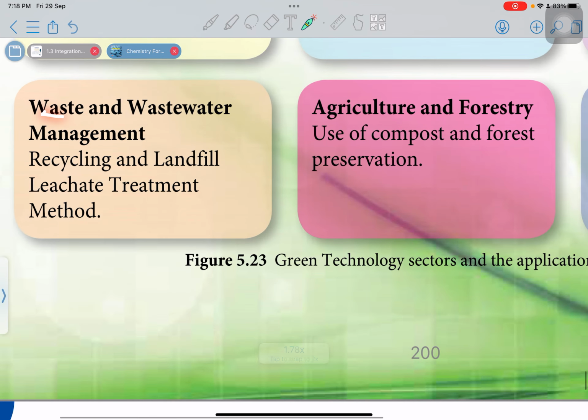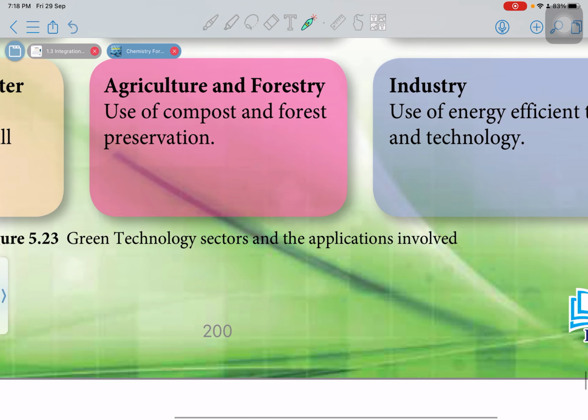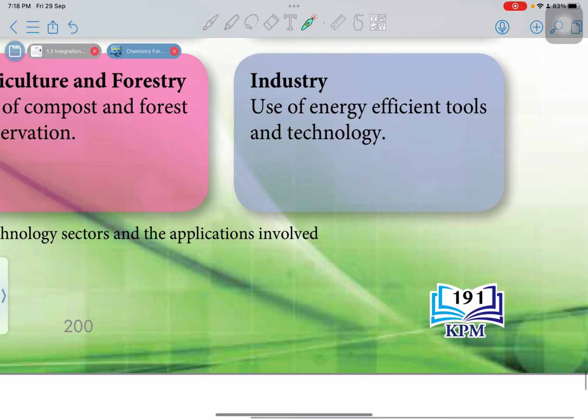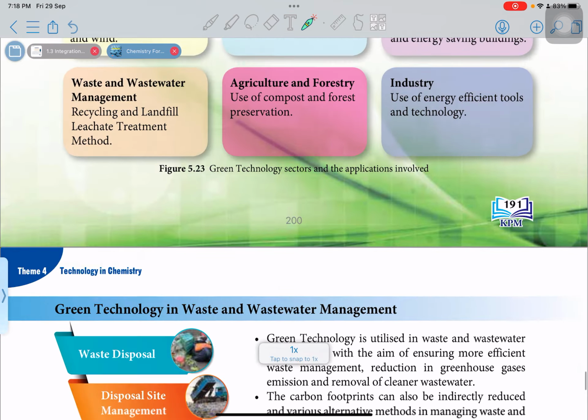Then waste and wastewater management: recycling and landfill. Then agriculture and forestry: use of compost and forest preservation. Industry: use of energy efficient tools and technology.